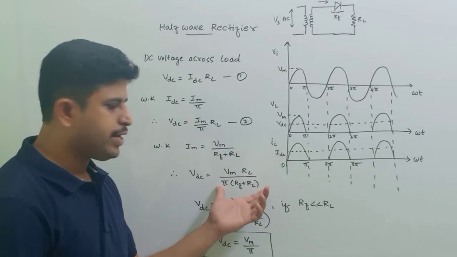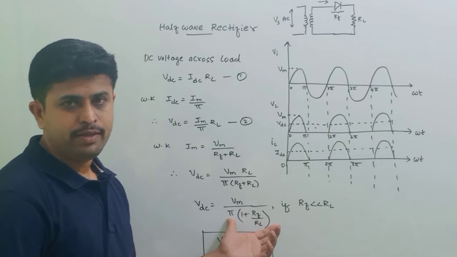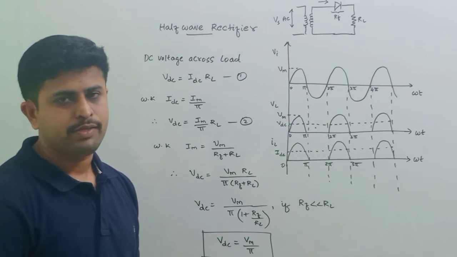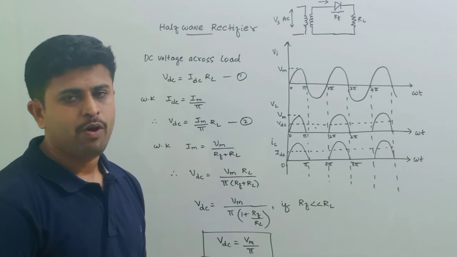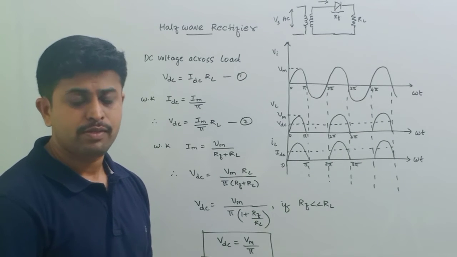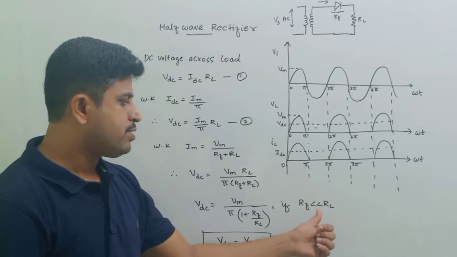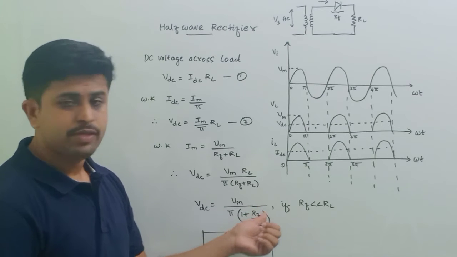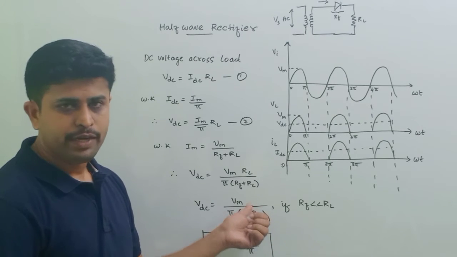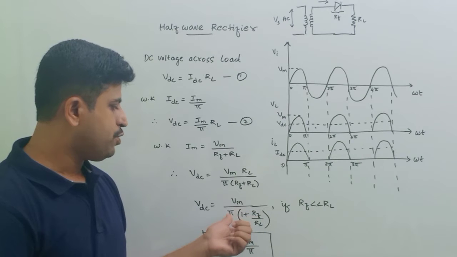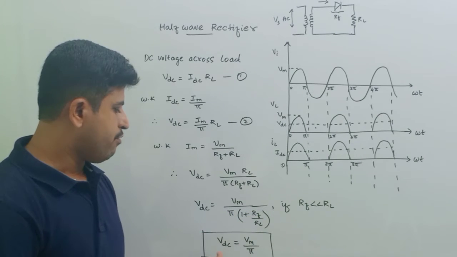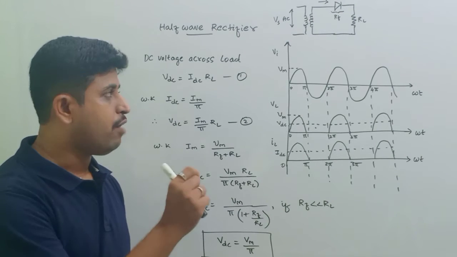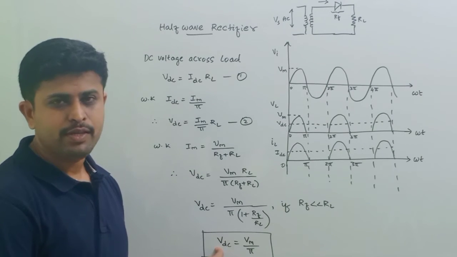We are rewriting this expression because Rf is the forward resistance of the diode, and the diode resistance will be very small compared with the load resistance RL. So if Rf is far less than RL, then this value becomes 0. So 1 plus 0 is 1. Then what is remaining? 1 into pi, we get pi here.